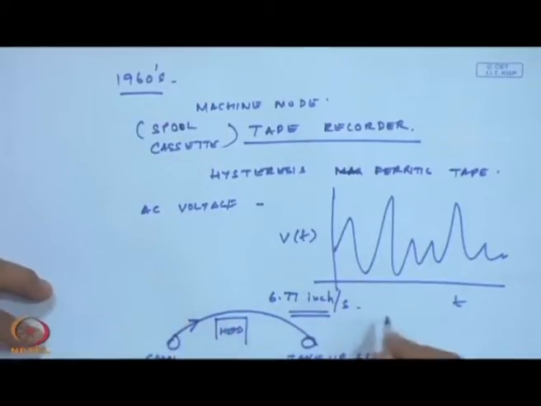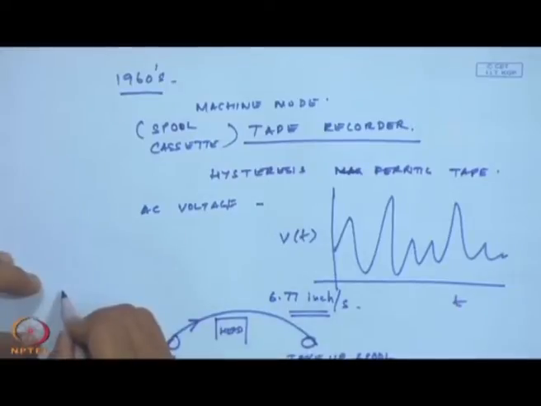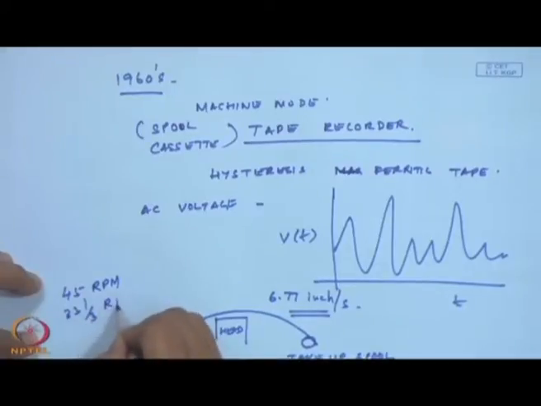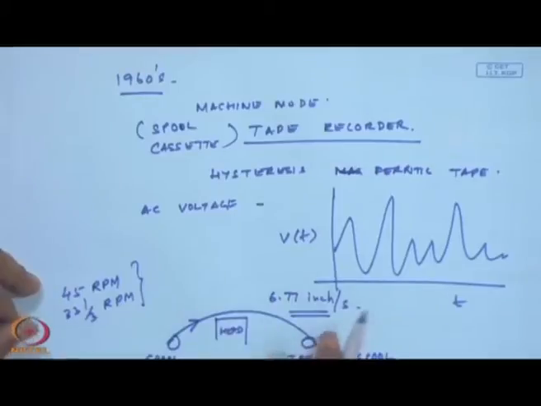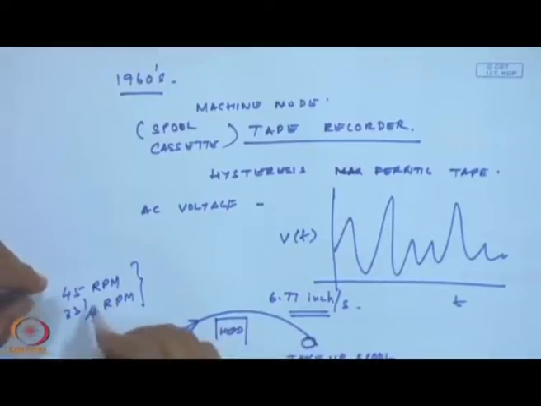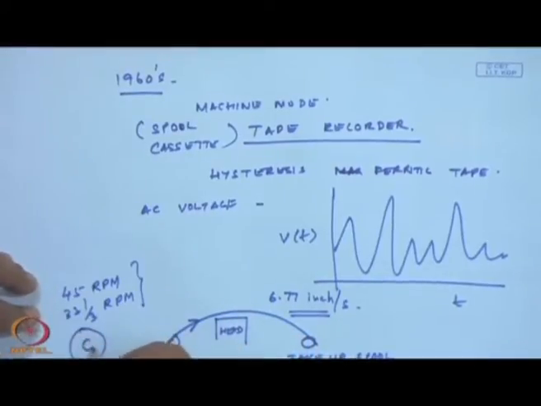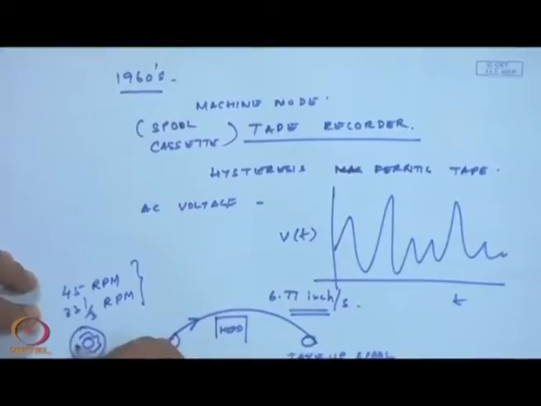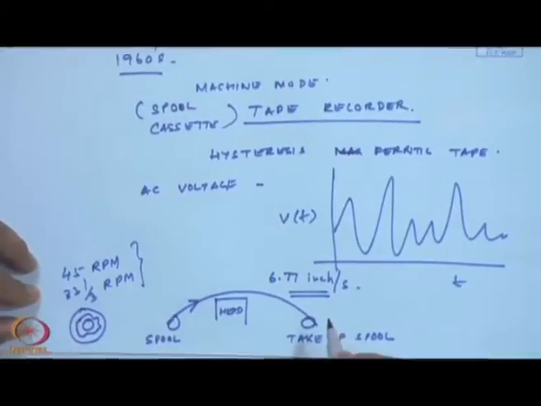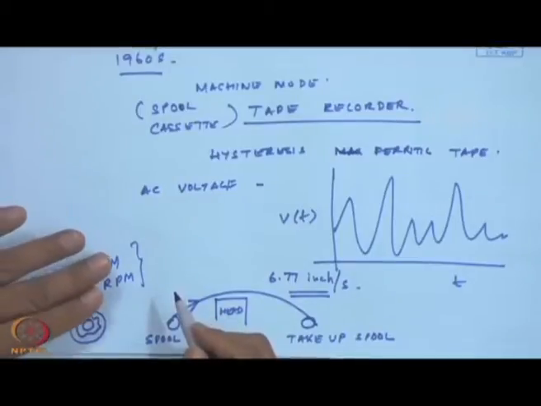We used to have the old LPs at 45 RPM or 33 and 1/3 RPM, etc. So, these are the particular speeds at which these things used to run. Of course, I am not talking about the LP spools, because in LP spools what happens, the data once stored cannot be erased or changed.